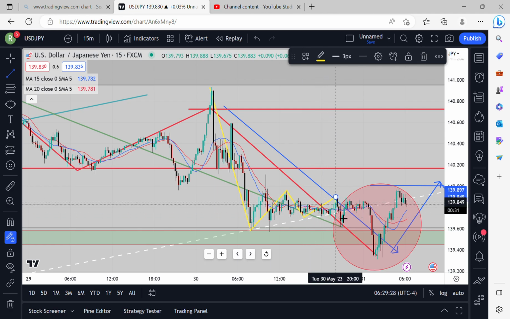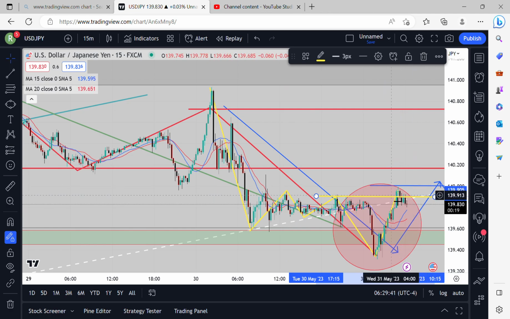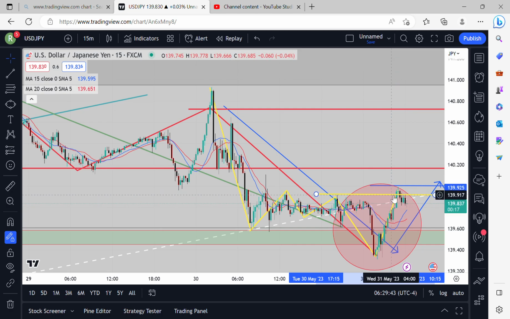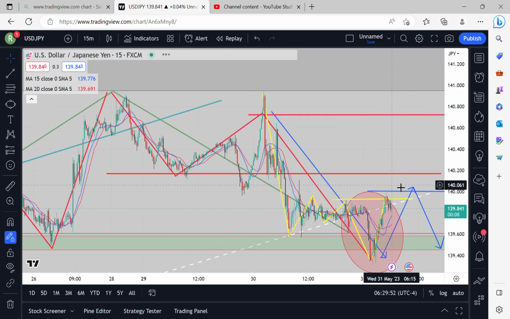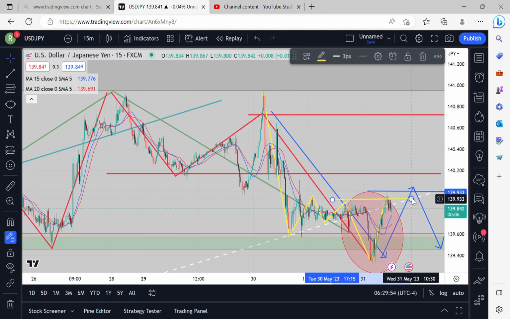I'll go here. It didn't really do anything. Down, up. I won't get in until it breaks this level. I'll show you guys more later. It needs to break this level.